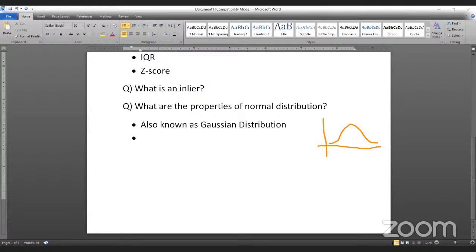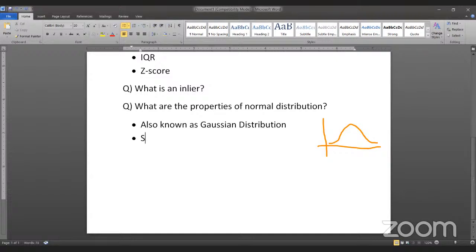First, it is symmetrical about mean. It is unimodal, meaning it only has one mode.